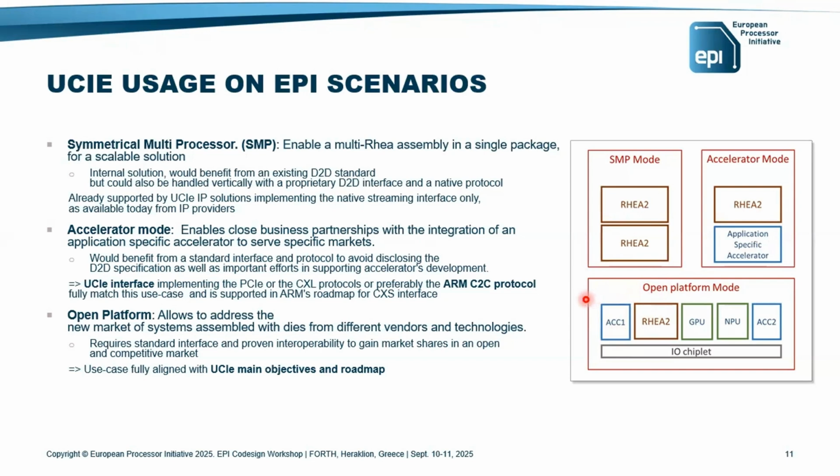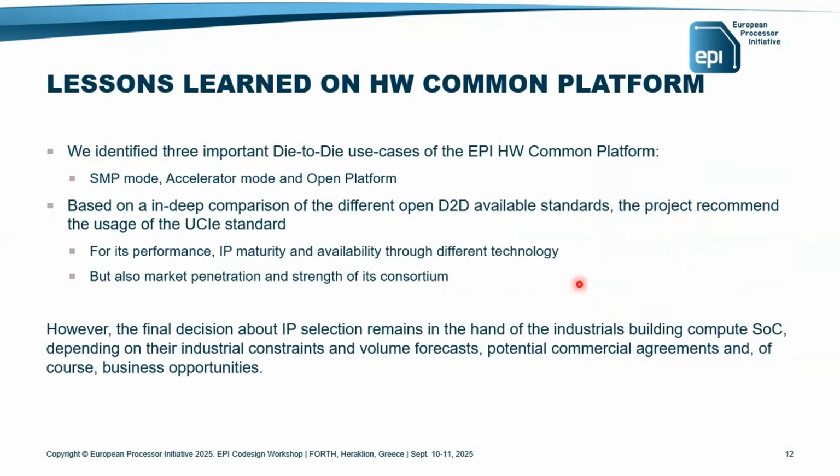So we can see that for the three use cases we've defined for our hardware common platform, all of them are supported by UCIe. The lessons learned on the hardware common platform are the following. We have identified three important die-to-die use cases for the EPI hardware common platform: SMP mode, accelerator mode, and open platform.